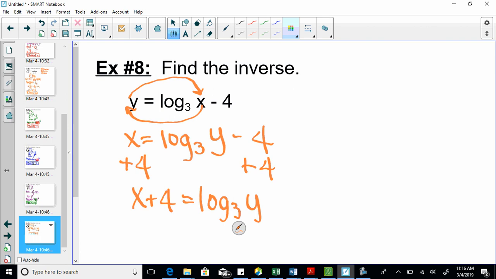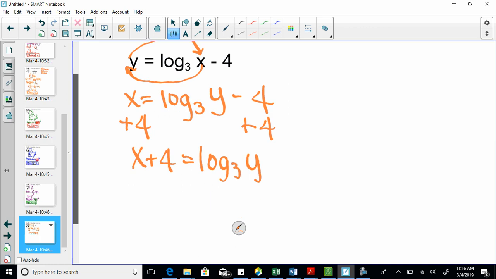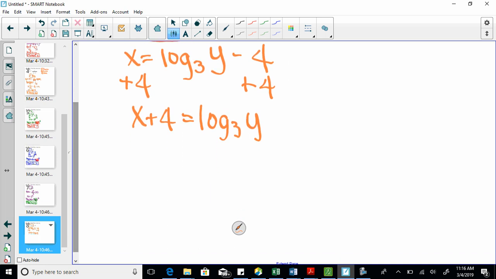My base is 3 for log, so I'm saying 3 raised to the first side equals 3 raised to the second side as well. So we're going to have 3 raised to x plus 4 equals 3 raised to log of base 3 of y.